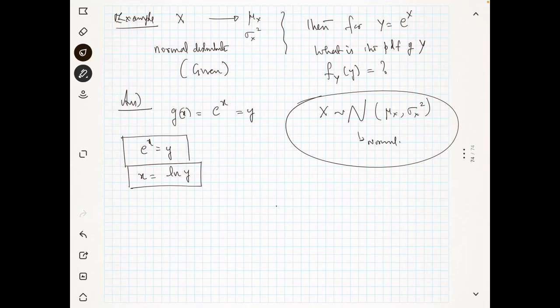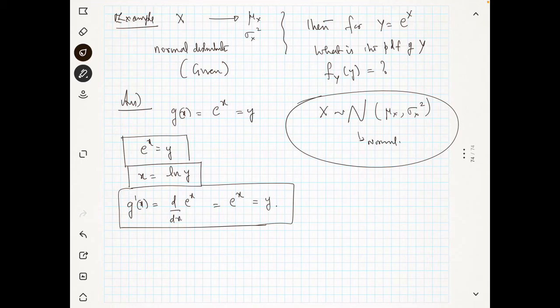Now you will find g'(x). g'(x) is d by dx of e power x, so it is again e power x. And what is that e power x? It is nothing but y.